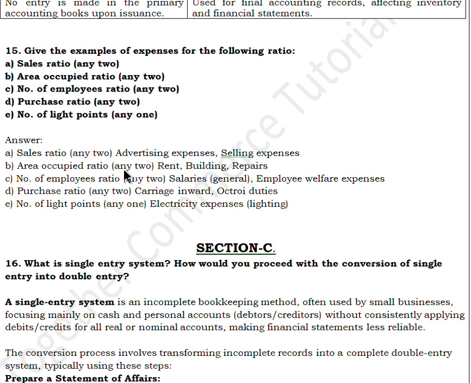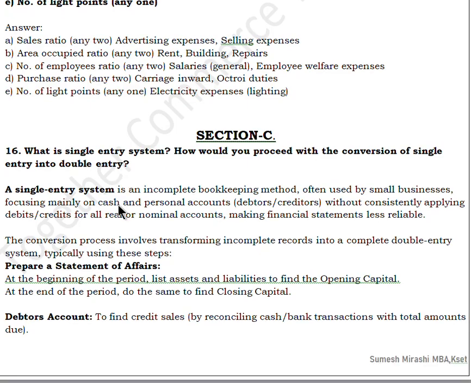Then area occupied: rent, buildings, repairs, etc. Number of employees: salaries, general welfare expenses, contribution to PF, etc. Then purchase ratio: carriage inwards, octroi duties. Then number of light points: electricity. Okay, so this is the solution for this.